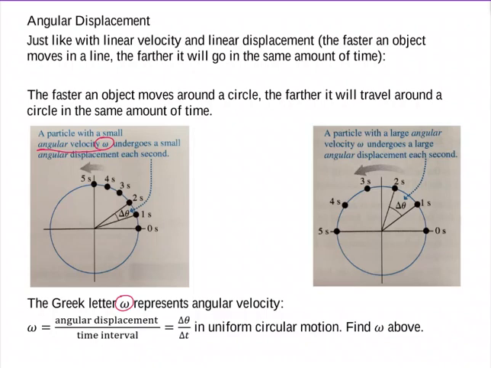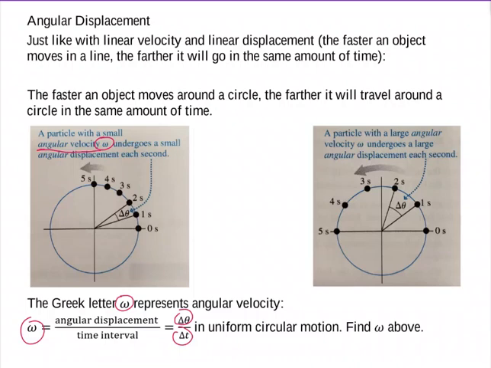So we have an angular displacement theta. So the amount of angular displacement that I go through would be delta theta. And of course, the amount of time it took me to go through that angular displacement would be delta t, same as normal. So delta theta divided by delta t would give me my omega, angular velocity, okay?